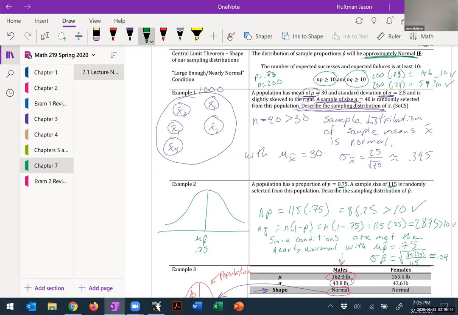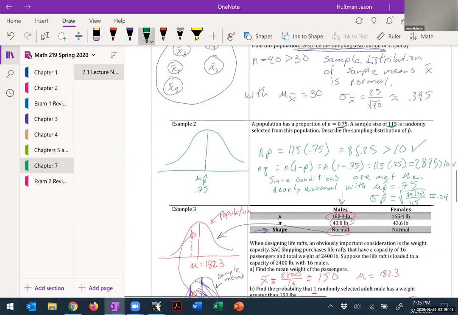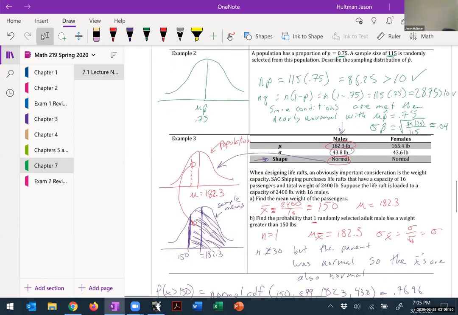We'll say sigma p is equal to 0.04. So mu of p is 0.75, and one standard deviation out would be 0.04.